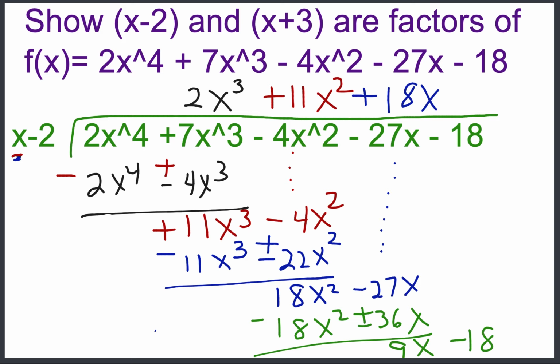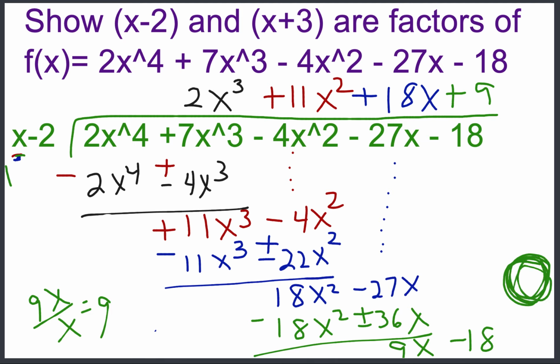So that 9x divided by the lead term x gives me 9. Hey, that finishes out my constant column. Let's see if I get a remainder of 0. Yeah, I get 9x minus 18, and if I subtract them, I get a remainder of 0.